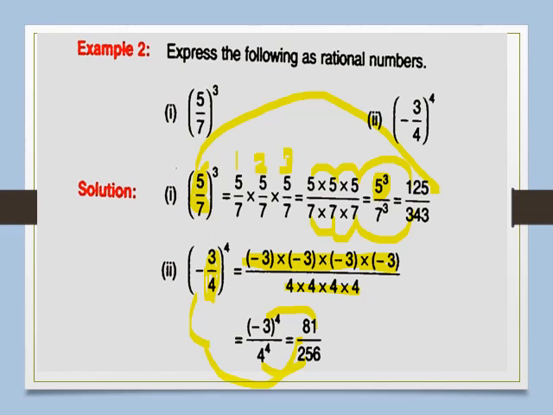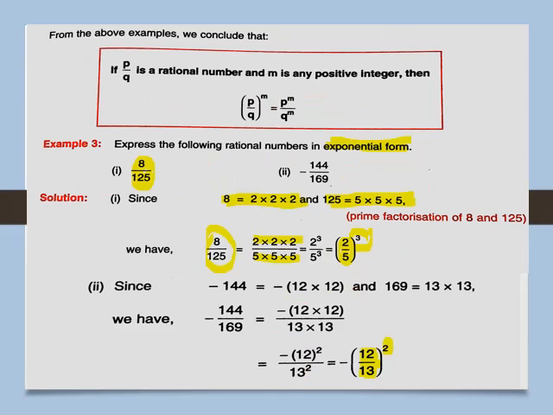So 4 raised to 4 means 256, and minus 3 raised to 4 means 81. So in this way we can convert the rational number from the exponential form to its original form.